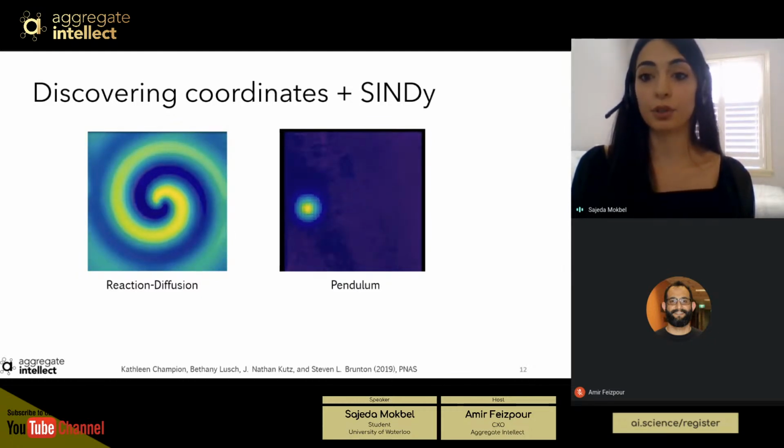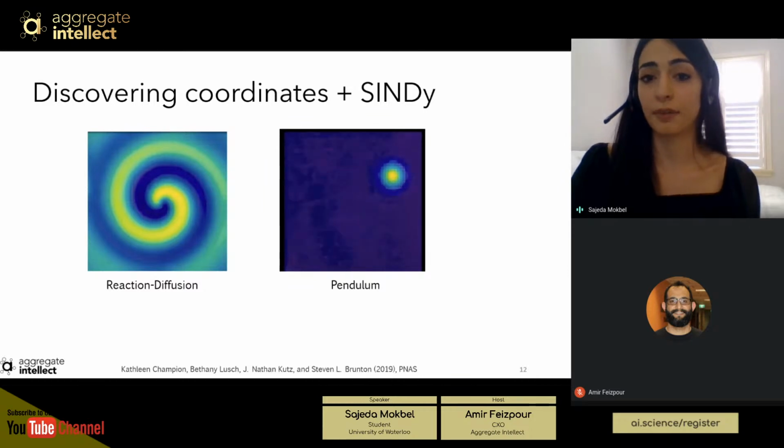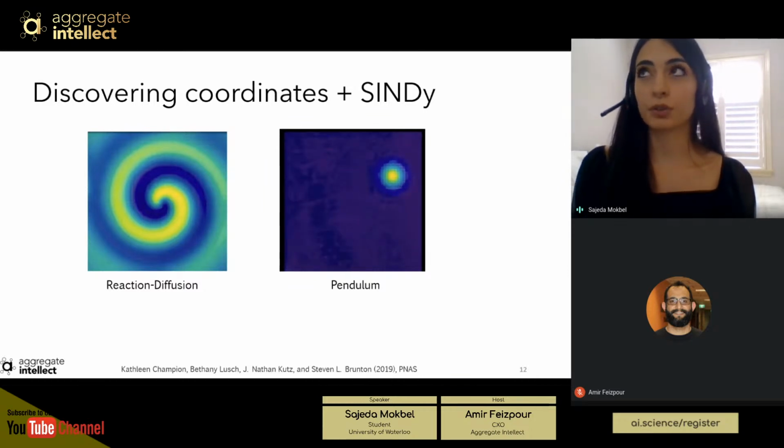But for many real world problems, we might not exactly know what can suit it best and what can describe the dynamics best. So we want to create a joint discovery of the coordinates and the underlying dynamics. And this was an idea presented by Kathleen Champion and others recently in 2019 that extends this SINDy idea.